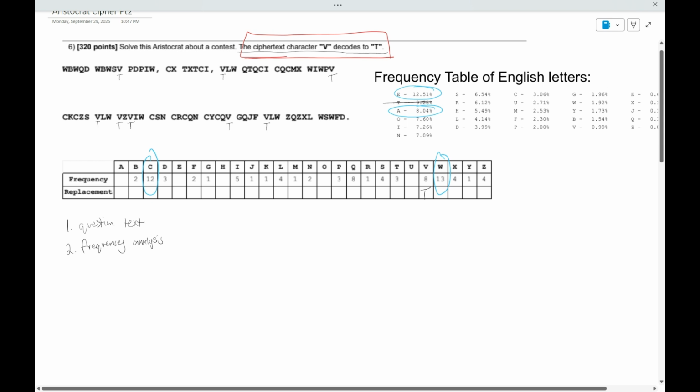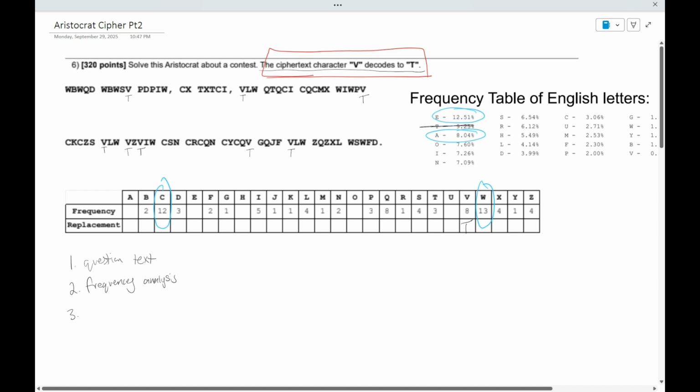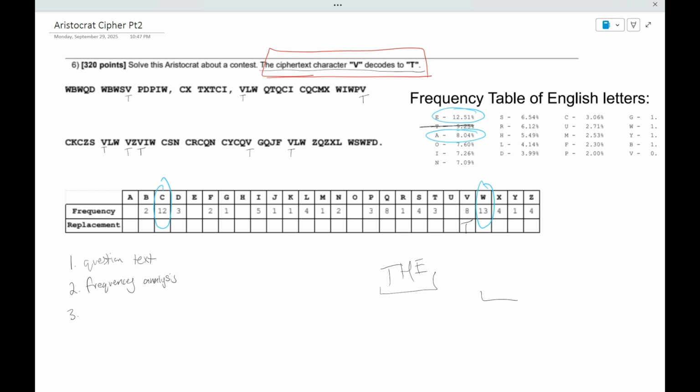But actually, from here, with the frequency analysis in mind, there's some other conclusion that you can draw. Right after you do frequency analysis, the next thing you want to do is look for the keyword "the." "The" is basically a 3-letter pattern that's going to repeat again and again and again.